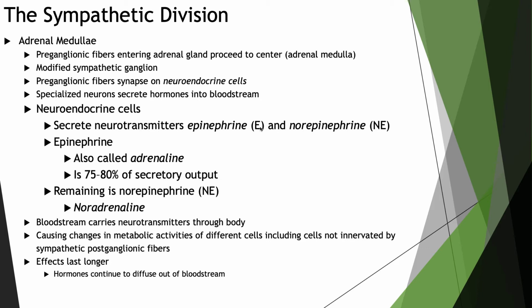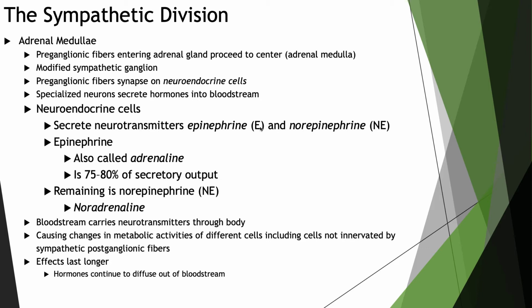Preganglionic fibers entering the adrenal gland proceed to its center, a region called the adrenal medulla. The adrenal medulla is a modified sympathetic ganglion where preganglionic fibers synapse on neuroendocrine cells, which are specialized neurons that secrete hormones into the bloodstream. You'll get more into hormones as you get into AMP2, but for right now, if you don't know much about them, just think of them as chemical messengers here.